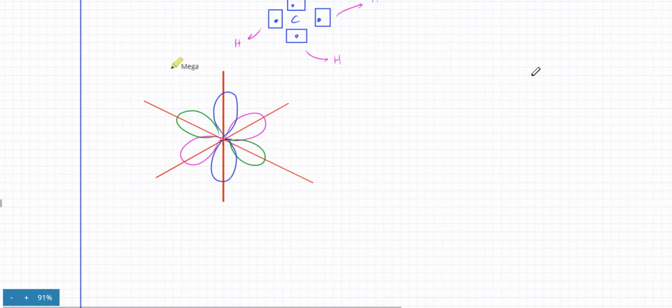And then there's one orbital which is the s spherical orbital, right? So there's this spherical region around the nucleus where you're going to find another electron. Let me kind of shrink it. So these are your four orbitals, each one having one electron in it.